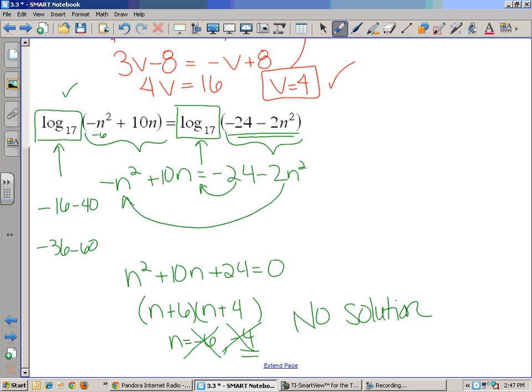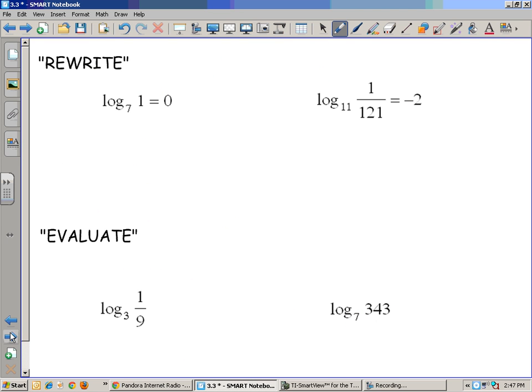Okay? The second thing I want to make sure that we do is we know how to read our textbook. And so our book is going to say rewrite, and we want to take something that looks like a log and make it be an exponential. And so what we do is we take the base of the log and we bump it to that power, and then we set it equal to that. And I do the same thing over here.